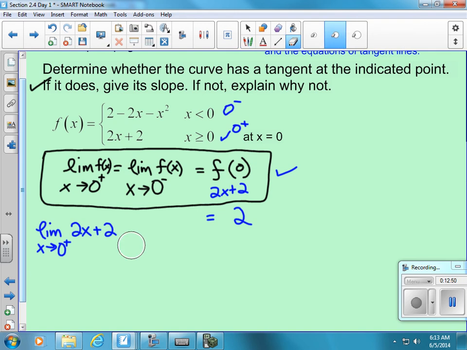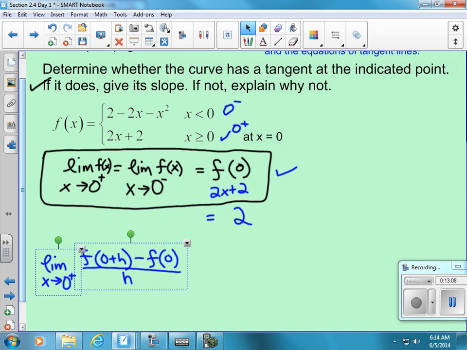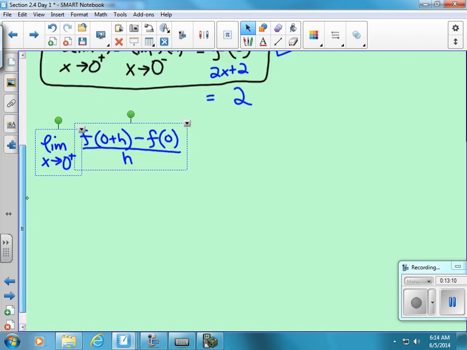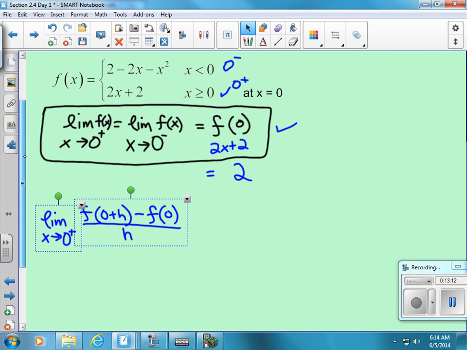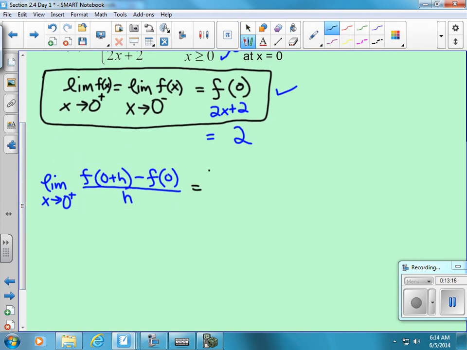And actually, we're taking the function at 0 plus h minus the function at 0 over h. And in this case, let's give ourselves some more room. Our function is going to be 2x plus 2.